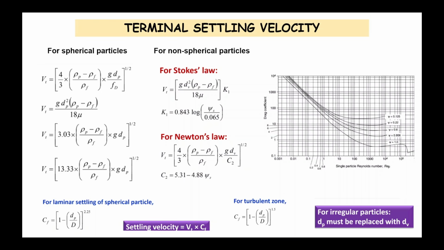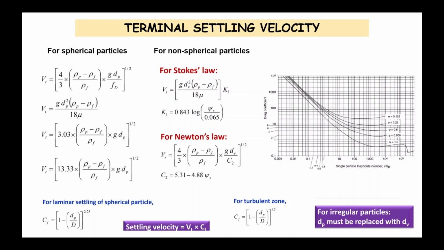For non-spherical particles under laminar flow, or if the value of the Reynolds number is going to be between 10 power minus 4 to 0.1, then terminal velocity will have an extra factor called K1, where K1 is related as 0.843 log psi s by 0.065.